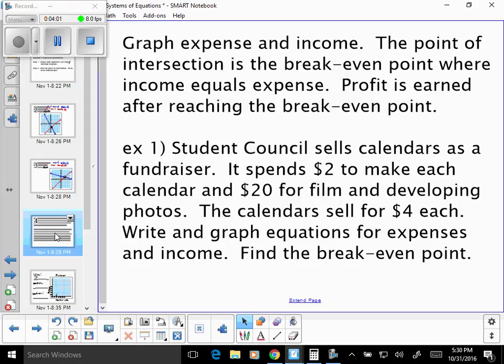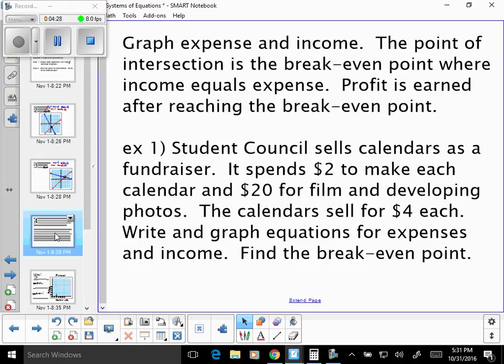If you remember back to your entrepreneur projects, let's say that you had to sell 25 items just to break even. If your expenses were $50 and you're charging $2 a piece, that would mean 25 items had to be sold. So you are not going to make a profit until you sell at least 26.